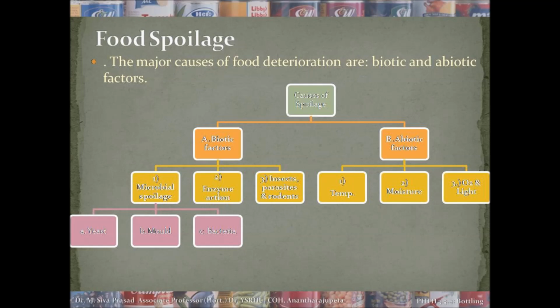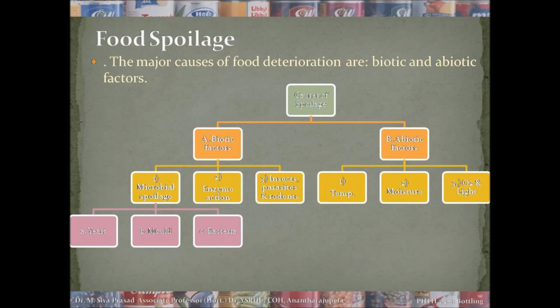Biotic factors concern the living organisms, or living beings, while abiotic factors include temperature, moisture, oxygen, presence of air, and even light. Biotic factors include microbial spoilage, enzyme action, and parasites and rodents.